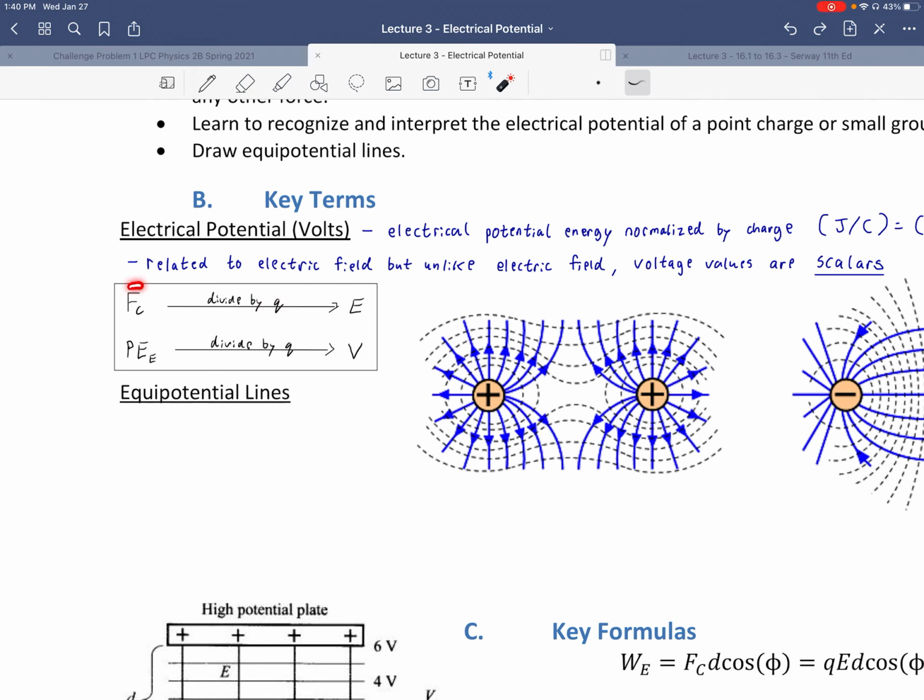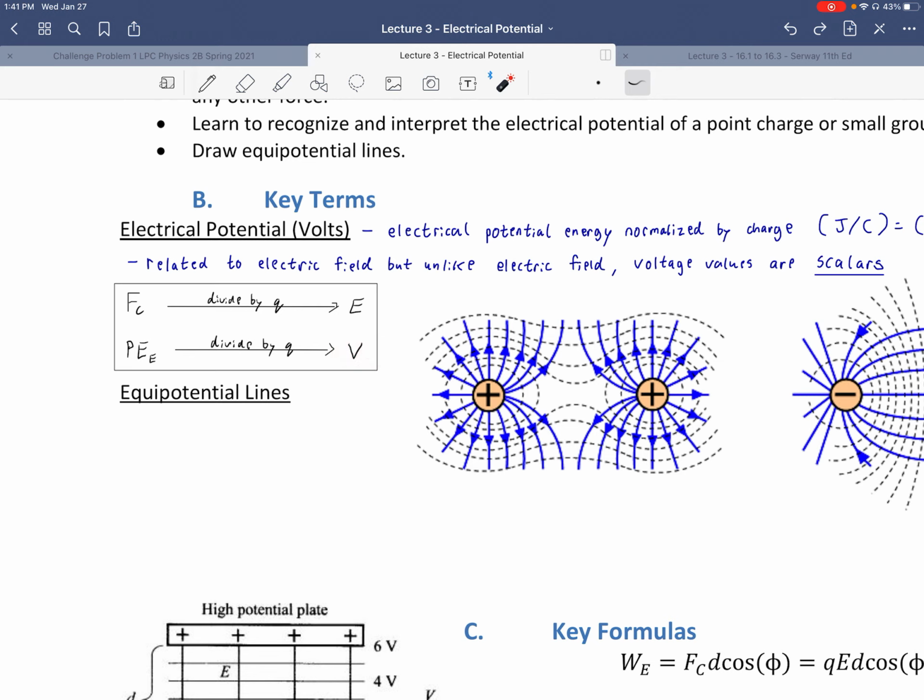In fact, the vector of the Coulomb force divided by Q gives us the electric field vector at that same point. After all, the electric field is a vector field. Well, that idea of dividing by Q is the same idea here. We have potential energy with the subscript E to represent electrical, and we divide by Q, and we get voltage. See the comparison?